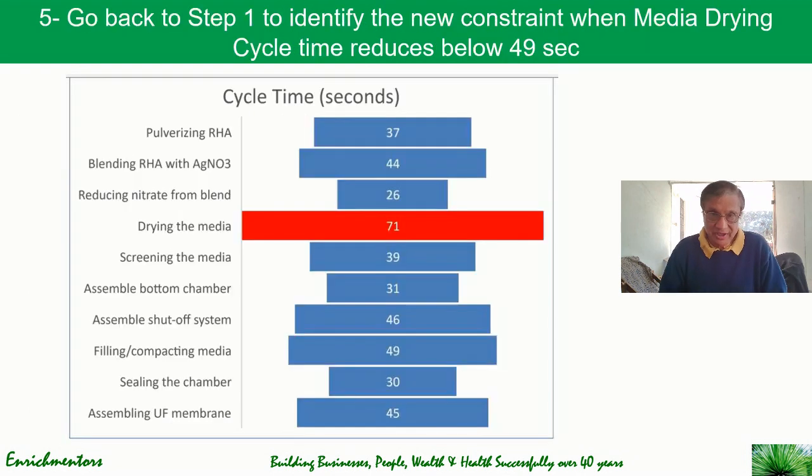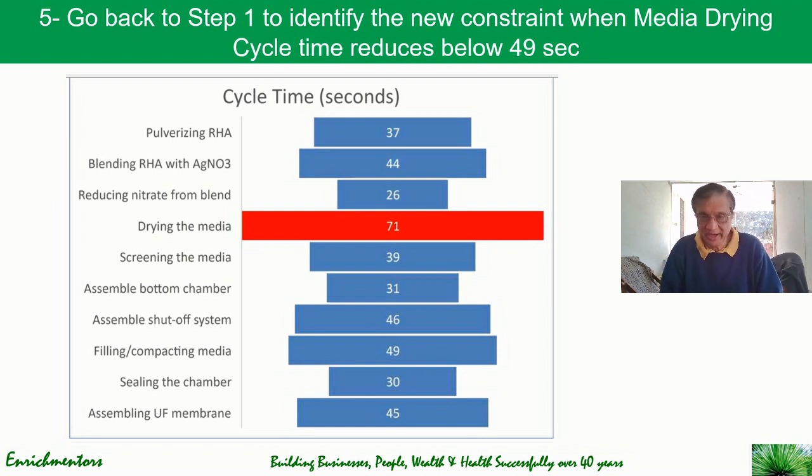So once we have elevated the constraint by removing the root causes and doing anything else that we can find in the most economical way, the fifth step is to go back to step 1 to find the next constraint. And doing all these steps, we realized that the drying of the media was reduced from 71 seconds to 49 seconds, and it still had the largest cycle time, but there was another process, which is filling and compacting of the media, that was a parallel process with an equally long cycle time.